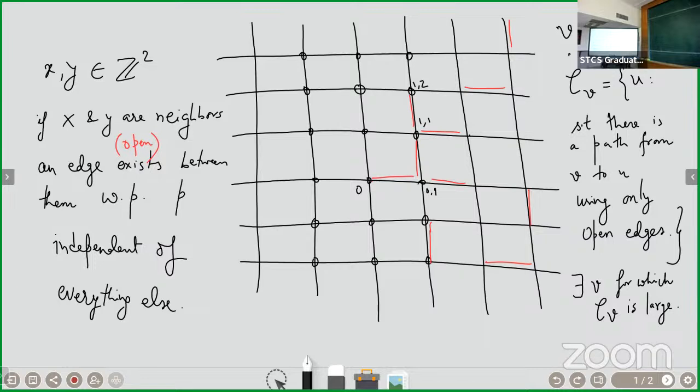So if there is percolation, for each n, there is a connected path of length n starting from the origin. That has to be true, because otherwise the connected component is small. Pick any integer. So if there is percolation, there must be a connected path starting from the origin of length that integer.